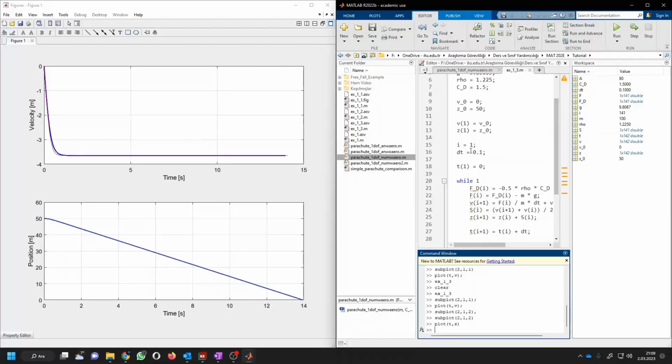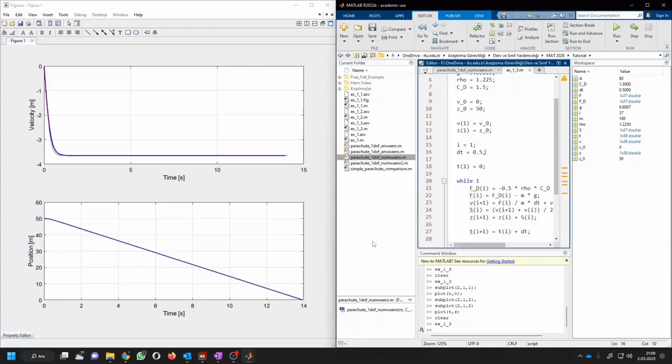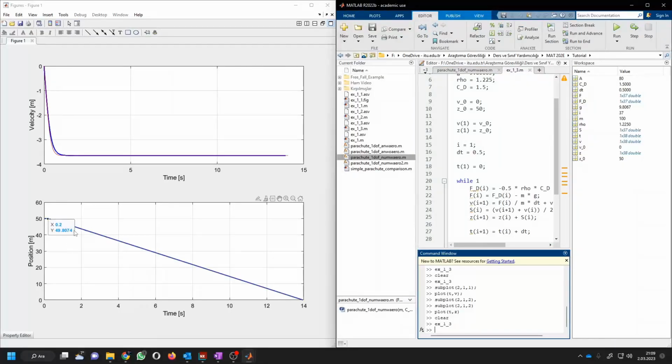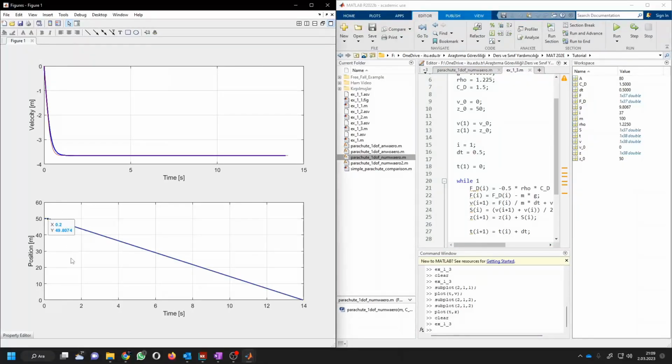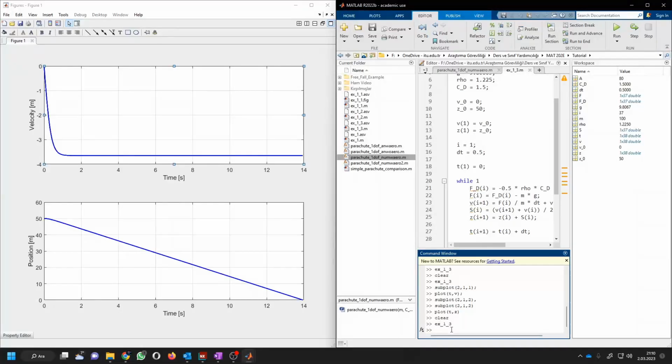You can see that. So let's further increase this to 0.5, for example, and clear and run. And plot those variables again.